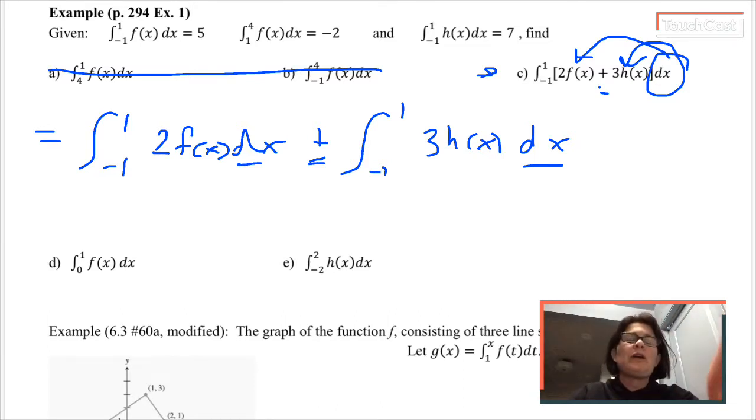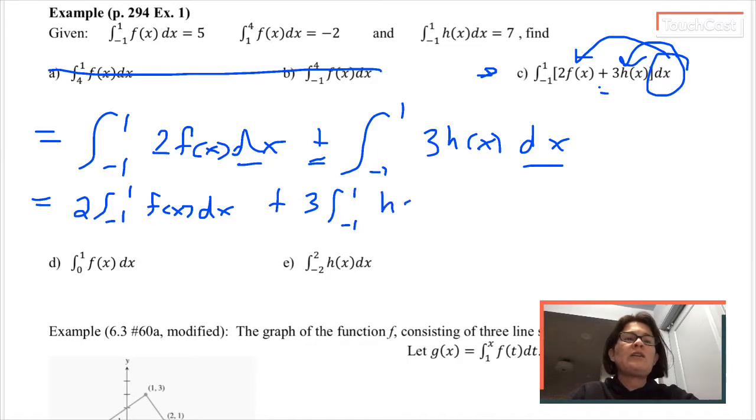Now each one of these integrals happens to have a constant multiplier in there, so I can use the constant multiplier rule. This is going to be 2 times the integral from negative 1 to 1 of f of x dx, plus 3 times the integral from negative 1 to 1 of h of x dx.